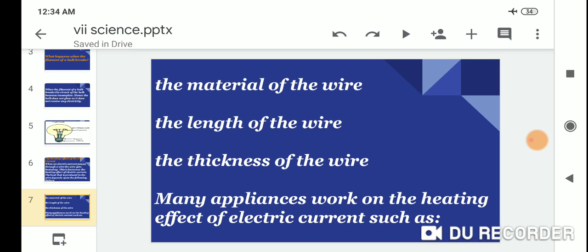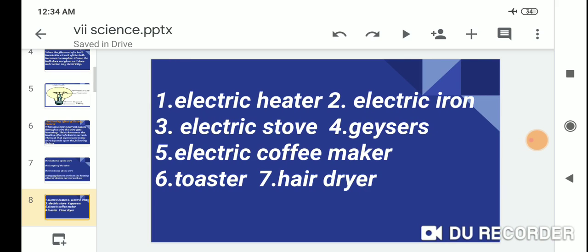Many appliances work on the heating effect of electric current, such as the first one, the electric heater; second, electric iron; third, electric stove; fourth, geyser; fifth, electric coffee maker; sixth, toaster; and seventh, hair dryer.